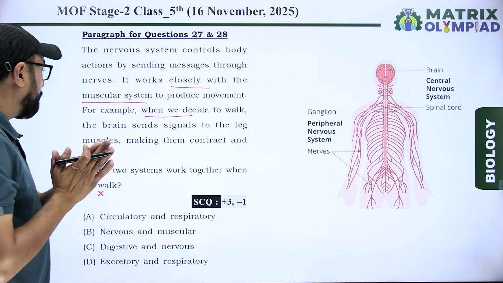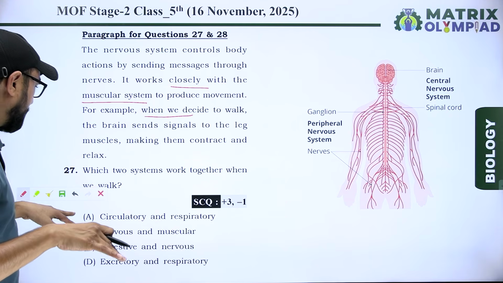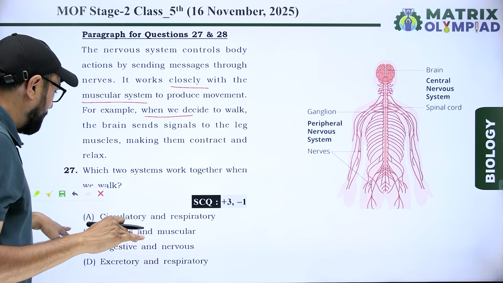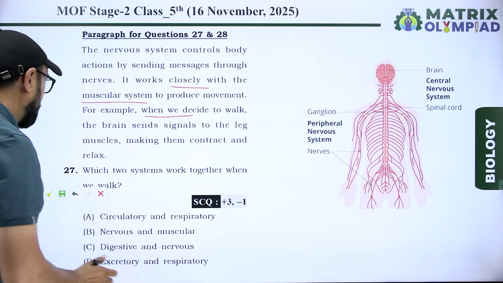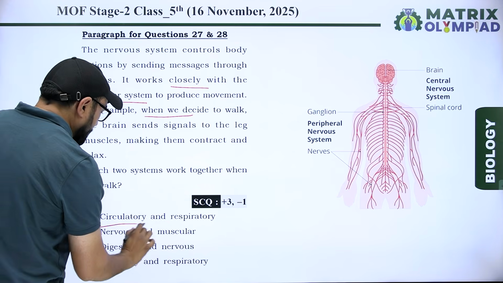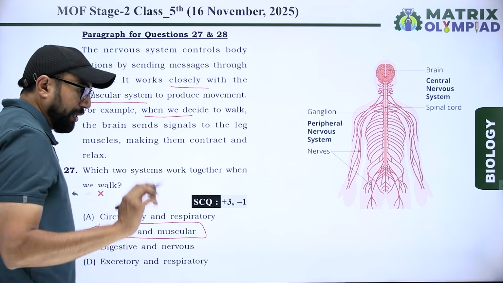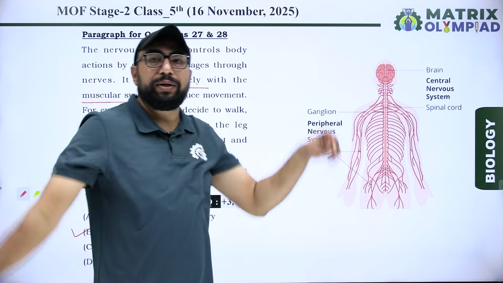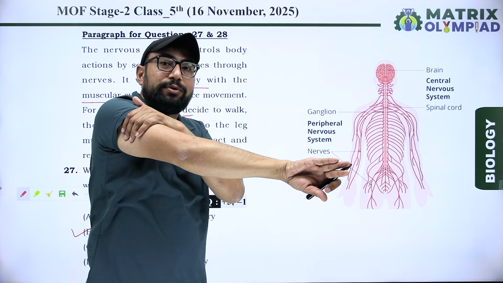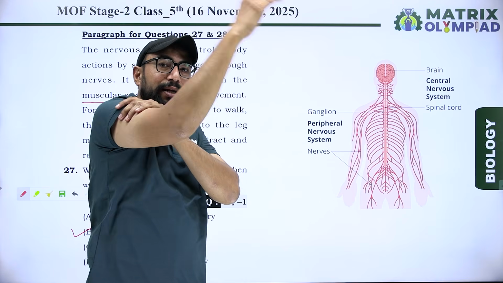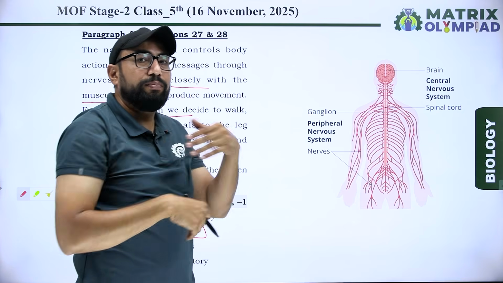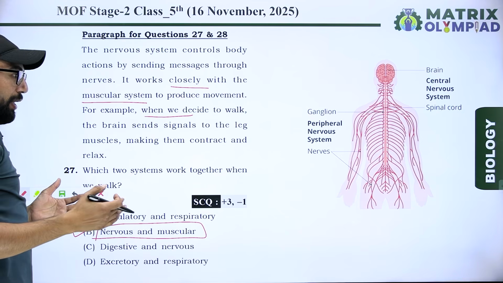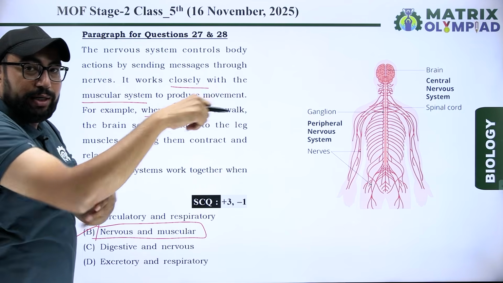Which two systems work together when we walk? Circulatory system, respiratory system? No. Nervous system and muscular system? Right. Nervous system and muscular system work together. Like in this section, nerve gives command and muscles relax and contract, so movement applies in body parts, body organs, limbs.